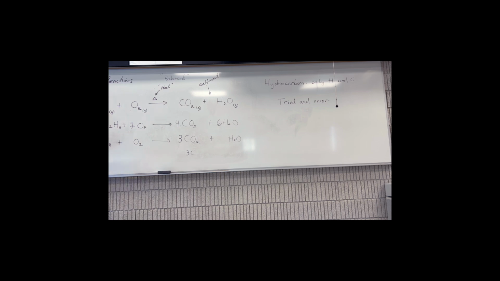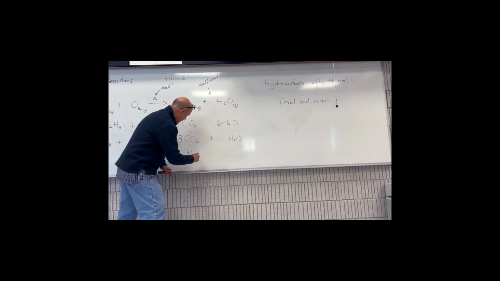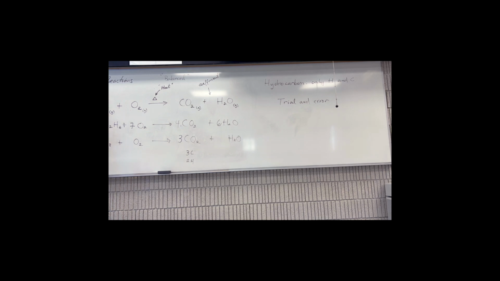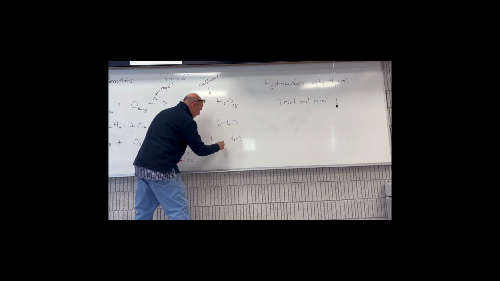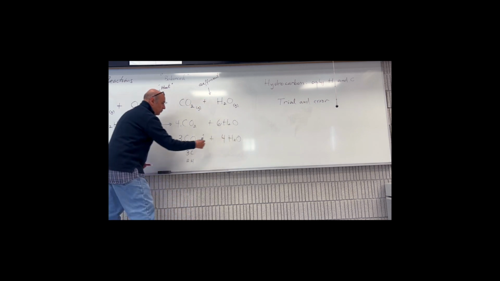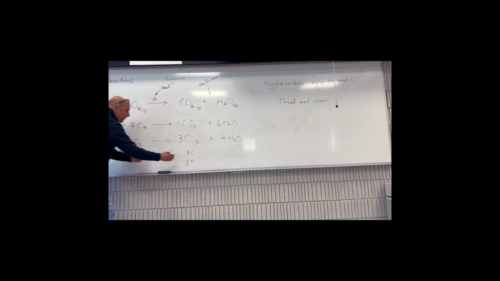And on the right, 1 times 2, 2 hydrogens. So that's not balanced. What can we do to balance it? 2 times 4. 4 hydrogens, as Jerry said. Both of you are right. So 4 here will make these 4 times 2, 8. And now we have 8 and 8 without touching anything else.